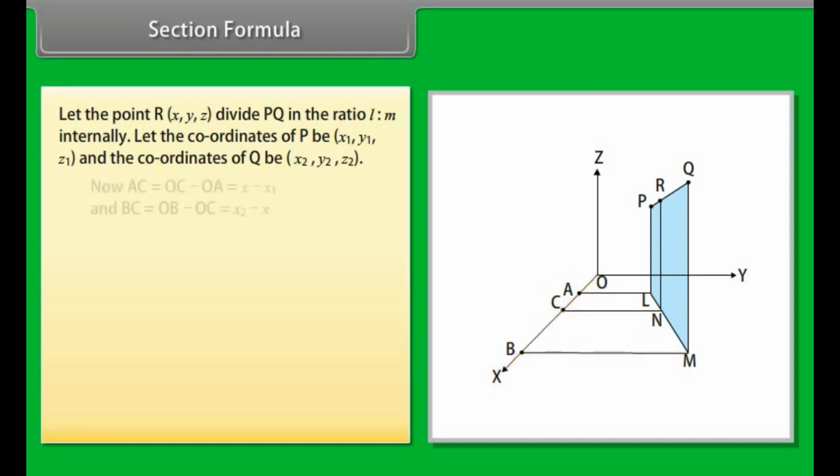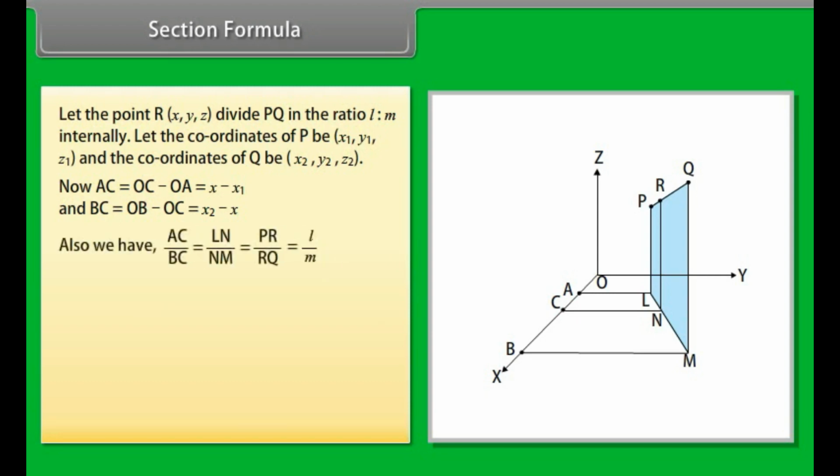Now, AC equals OC minus OA, which is x minus x1, and BC equals OB minus OC, which is x2 minus x.